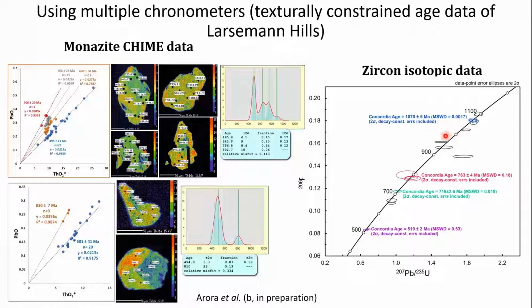So this confirms that this terrain is not simply Grenvillian or Pan-African. It has a continued history from Rodinia amalgamation to Gondwana amalgamation, and we still have very little idea what happened in between.